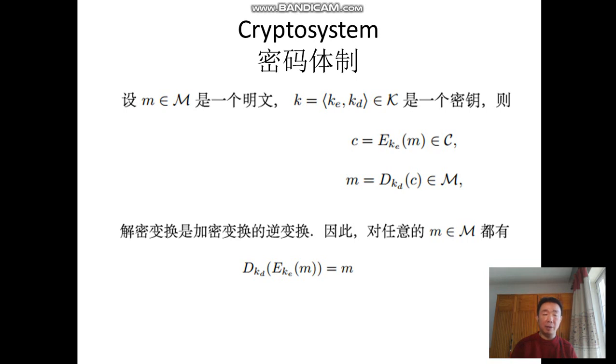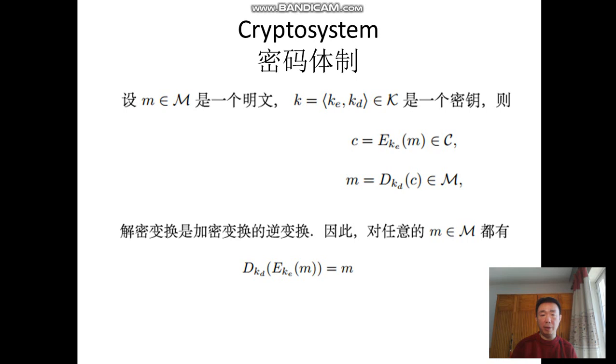KE means the key used in encryption. KD means the key used in decryption. In the Caesar system, KE and KD both are equal to 3.